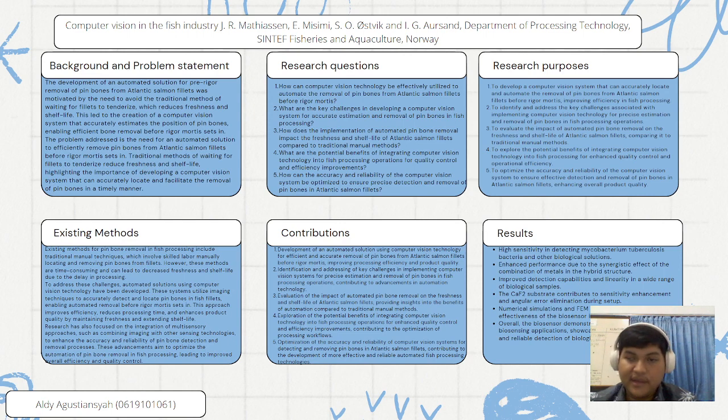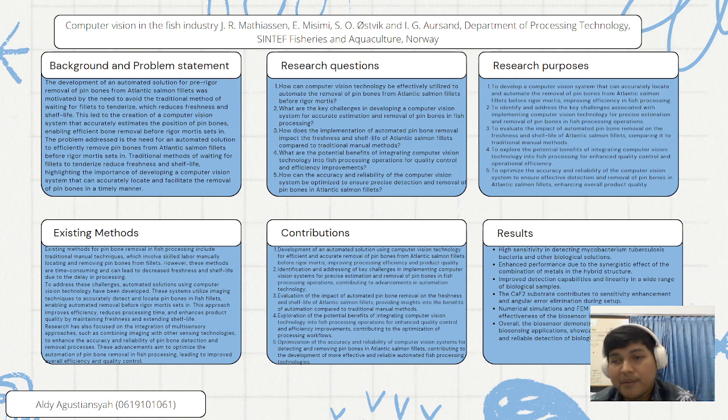Result. The result from this research is high sensitivity in detecting Mycobacterium tuberculosis bacteria and other biological solutions. Enhanced performance due to the synergistic effect of the combination of metals in the hybrid structure.